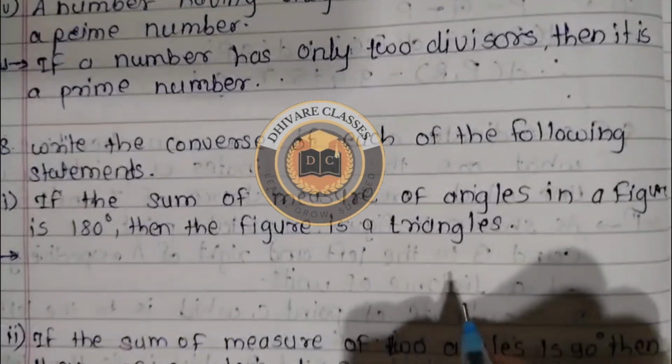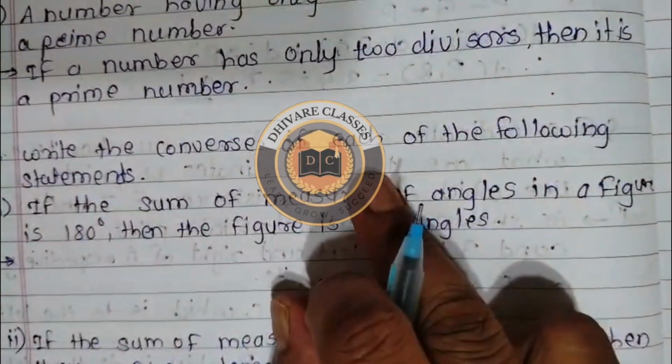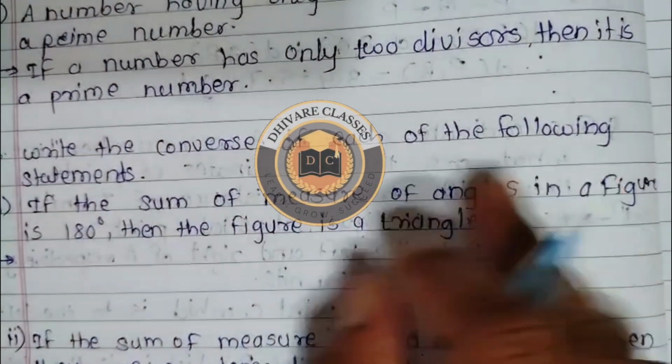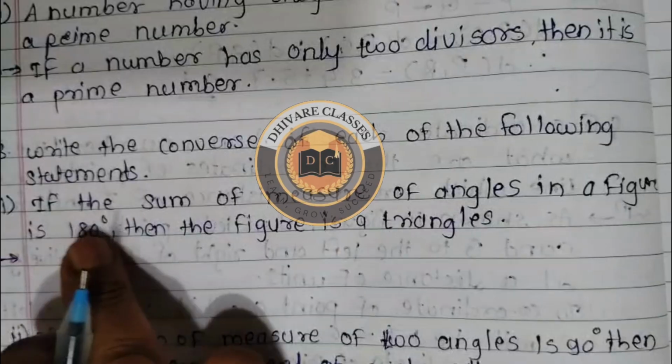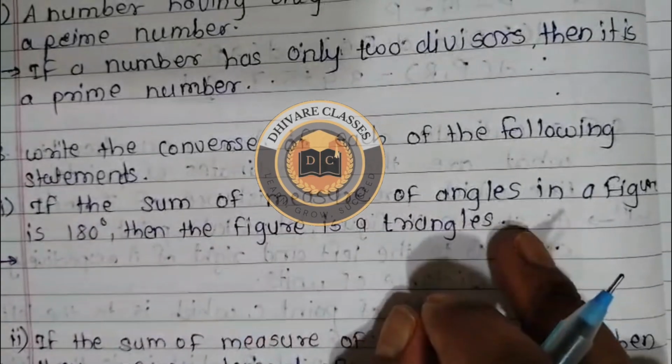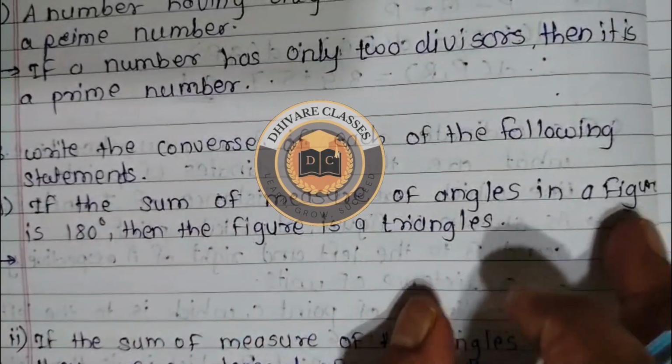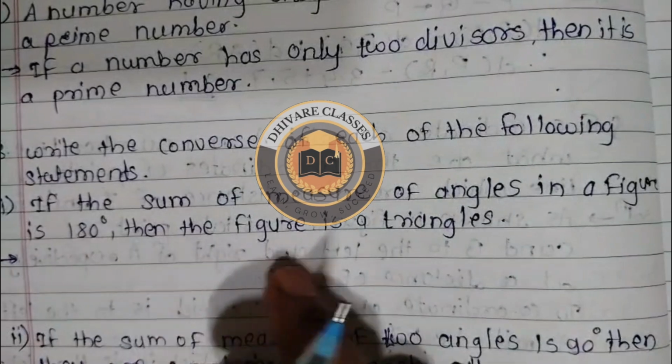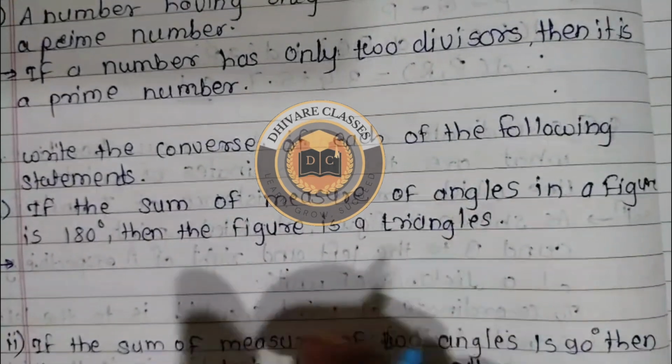Okay. Question 8: write the converse of each of the following statements. First: if the sum of measures of angles in a figure is 180 degrees, then the figure is a triangle.